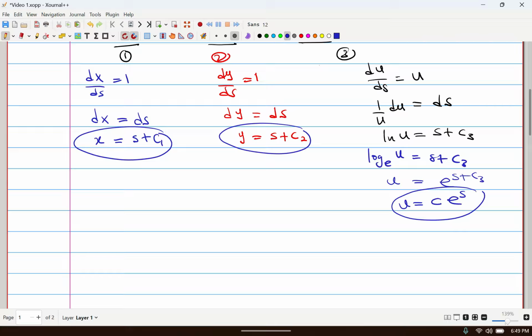Now how do we do this? You can either use the first one. First of all, I want to eliminate the parameter s in the u. I've solved for u is equal to c times e to the s. This is the solution. All I've got to do is change the c and s to something else.